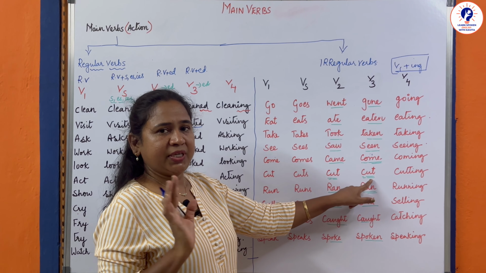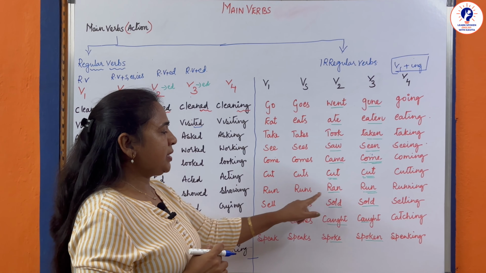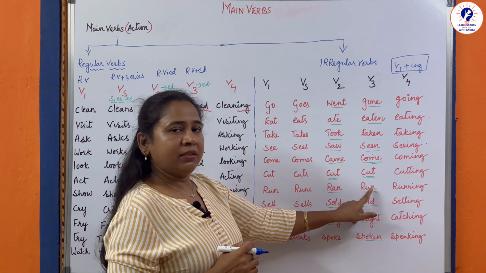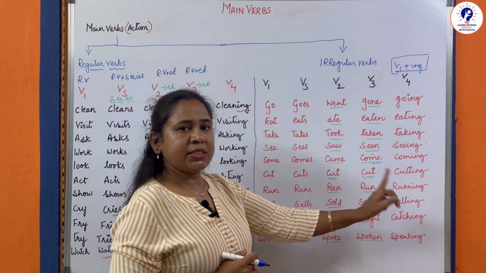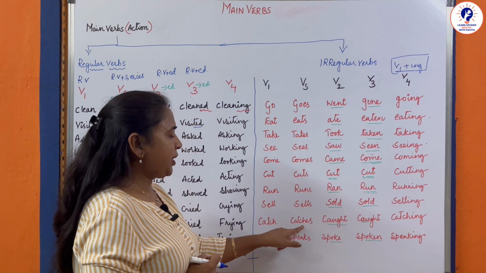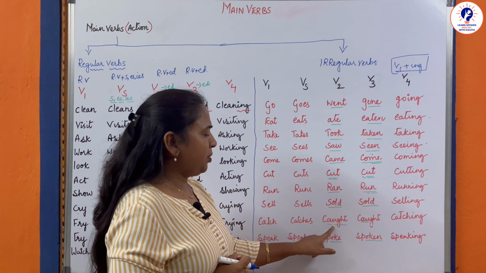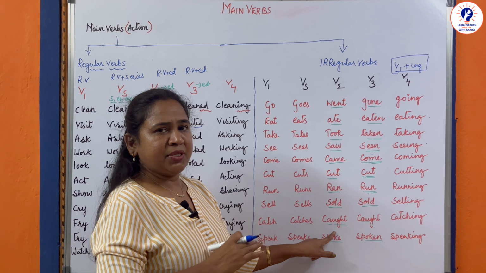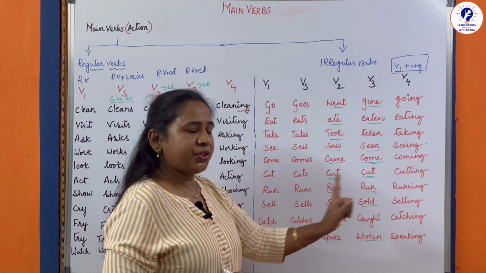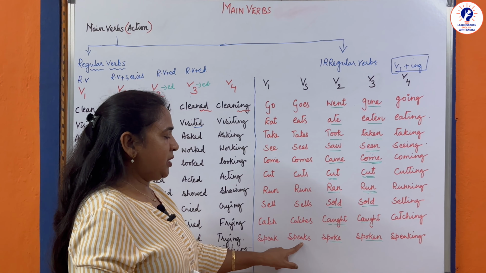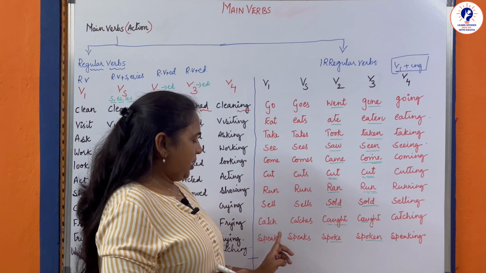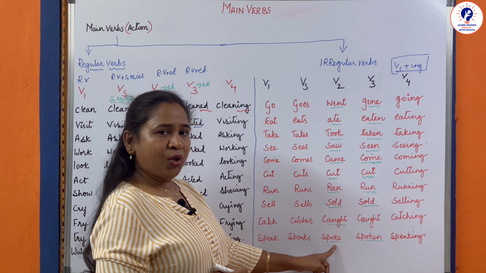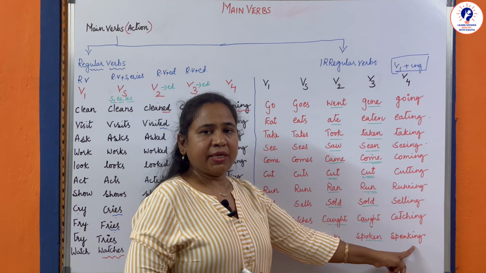Both are the same. V2 and V3 are the same. Run, runs, ran, run, running. Sell, sells, sold, sold, selling. Catch, catches. Caught, caught. Again here you have the same, similar. Caught, caught, catching. Speak, speaks. Spoke, spoken, that is totally different. Speak, speaks, spoke, spoken. This is ing.